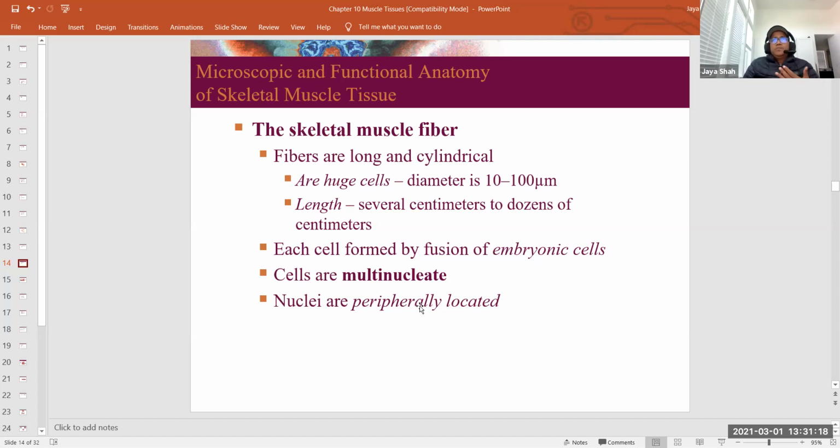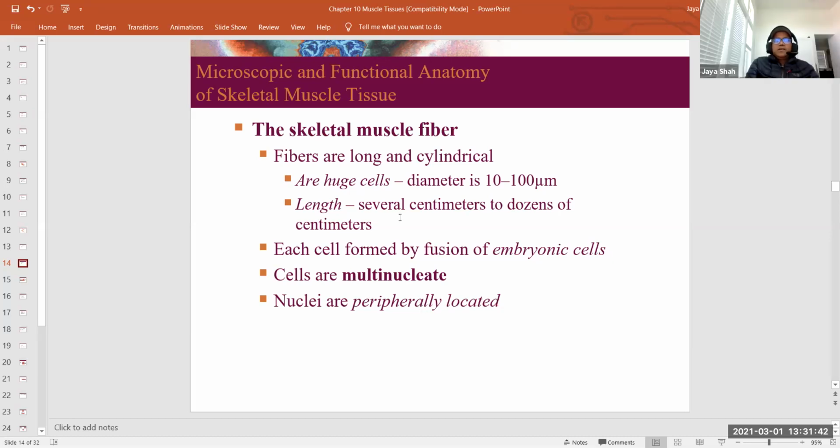So what do you expect in a muscle cell? A muscle cell has a plasma membrane, it has organelles, it has a nucleus, it has cytoplasm, everything inside it. The only thing is how they are different from other cells.